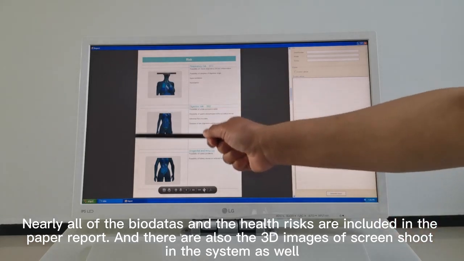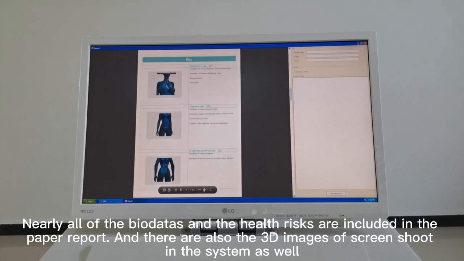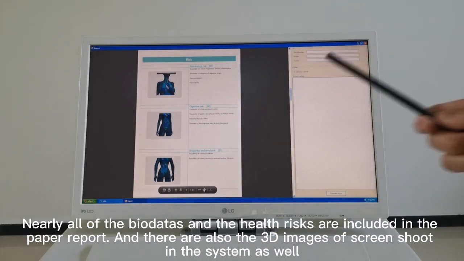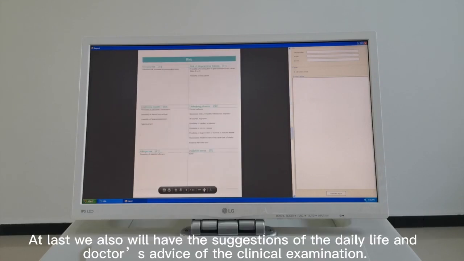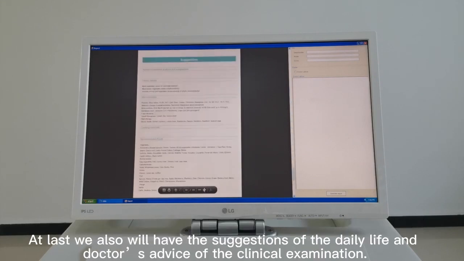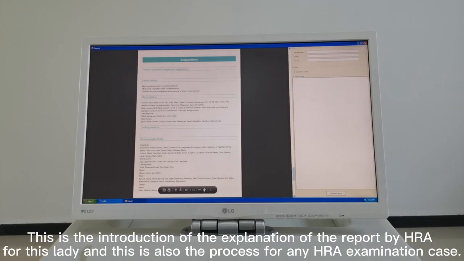And also there will be the 3D image screenshot from the system. And at last, we will have suggestions about the examinee's daily life, and also the doctor's advice for the clinical examination and the health suggestions. And all this is the detail about the paper report.